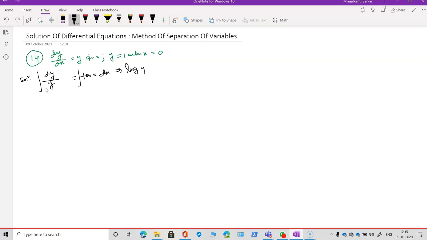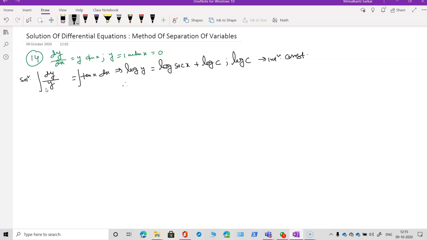This is log y equal to log sec x, and for better calculation I am taking log c as the integration constant. This can be taken. Log c stands for the integration constant.